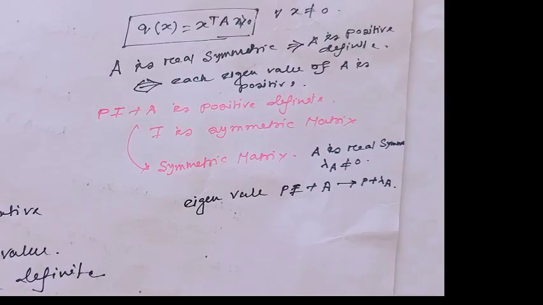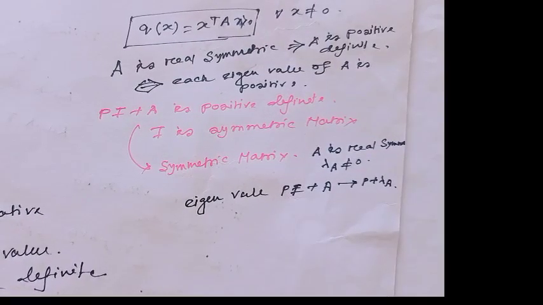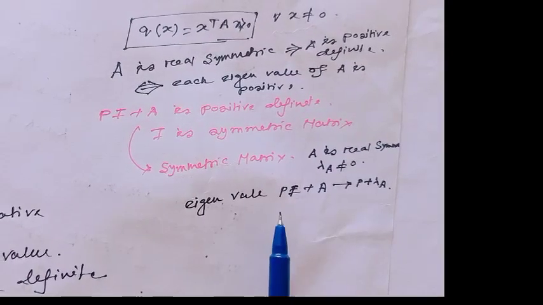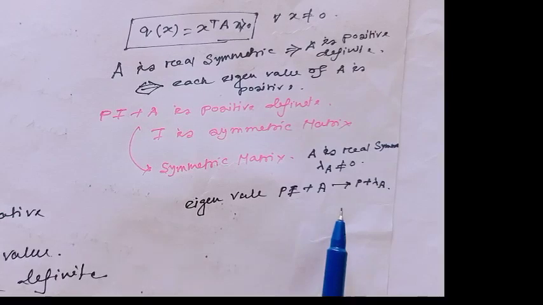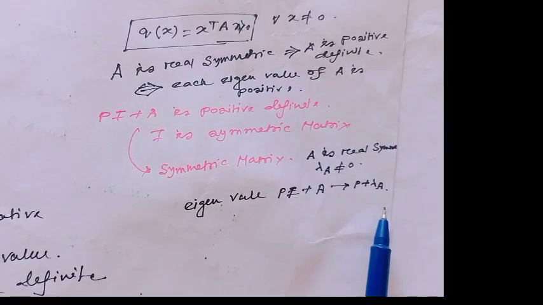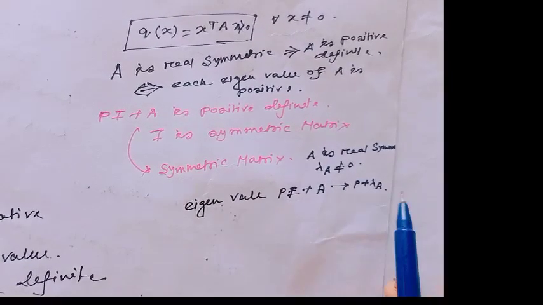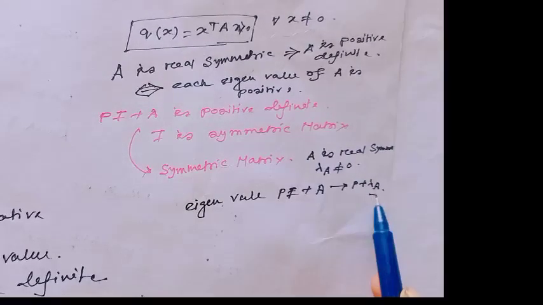That means this is a non-zero eigenvalue. Here we have to find the eigenvalue of PI plus A, which is actually P plus lambda, and this is always not equal to 0.